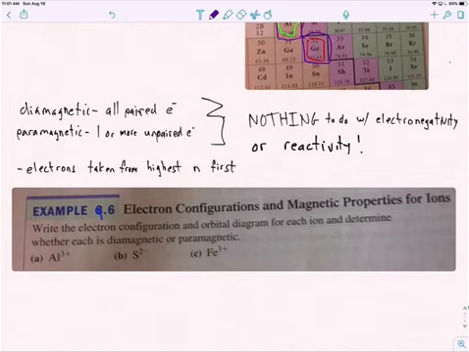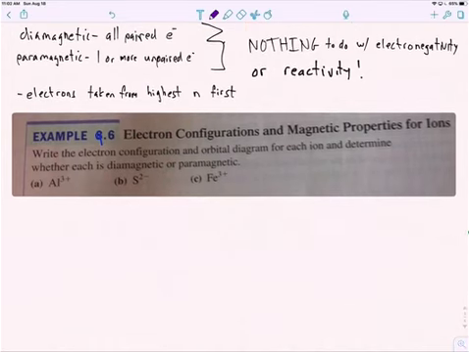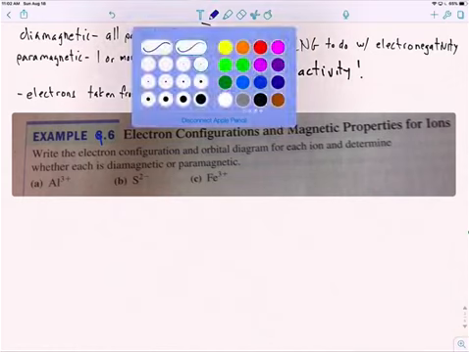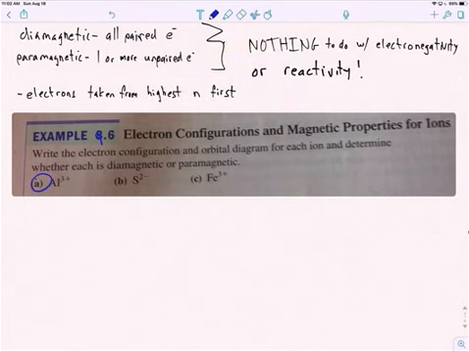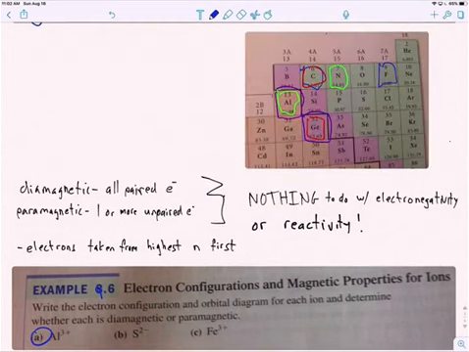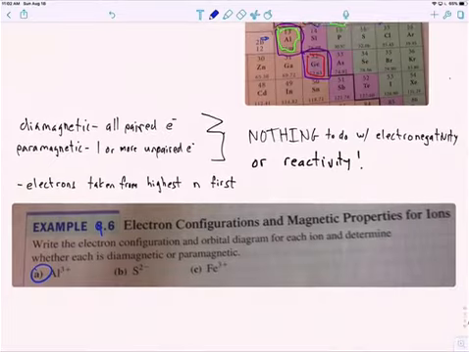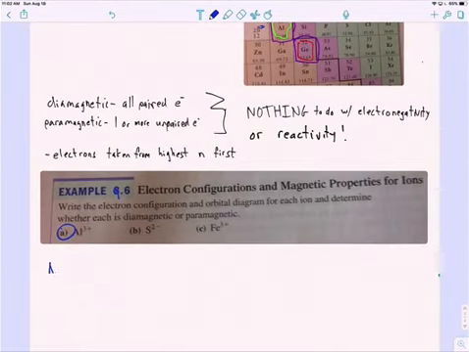So keep that in mind. Okay, so let's talk about magnetic properties for ions. And remember, with valence, electrons are taken from the highest principal quantum shell first. So here, aluminum. Aluminum is right there. Its structure is neon's structure, 3s2 3p1.